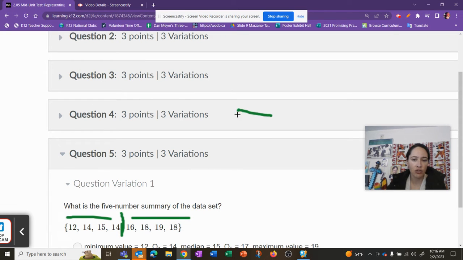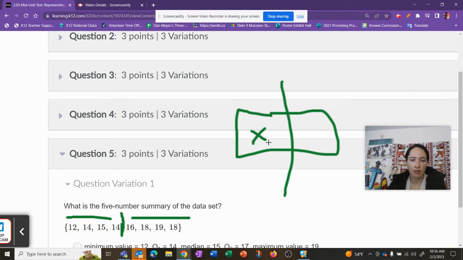That means you're going to have 2 numbers in the middle, some number X, some number Y. You need to add them together and then divide by 2, right? So if you had 3 and 4 in the middle, you would add those together and divide by 2, you'd get 3.5.